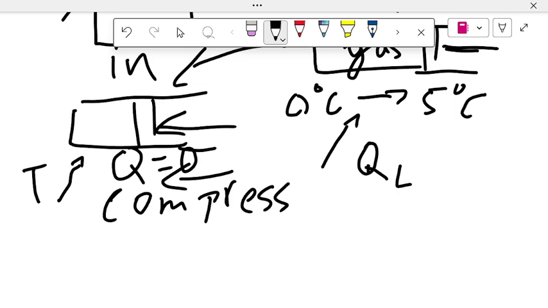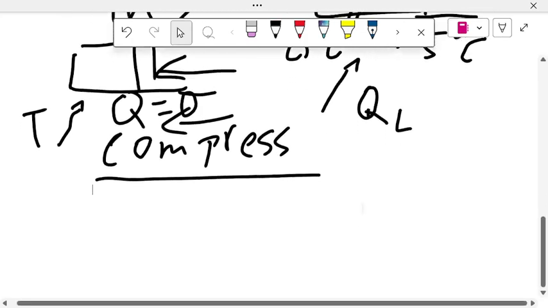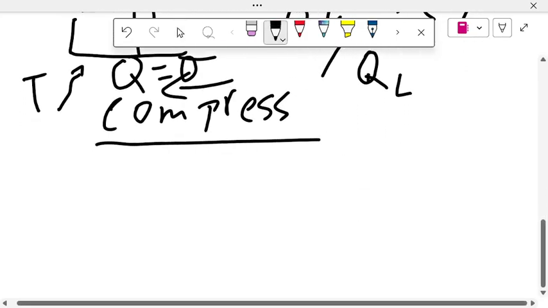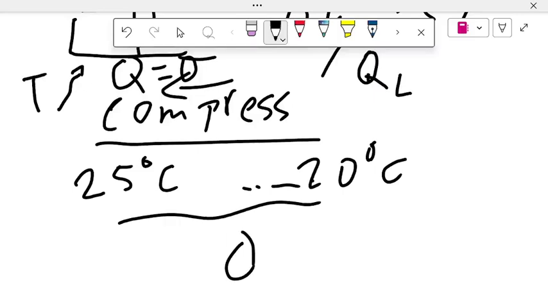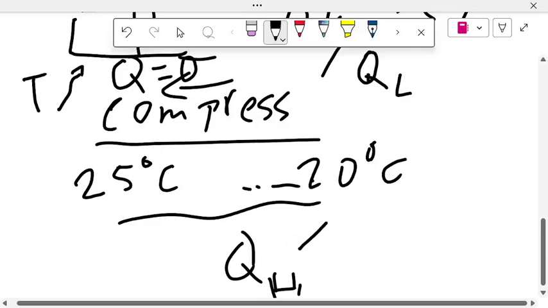So in that situation I have, let's say, 25 degrees Celsius room temperature, and it must decrease to 20 degrees Celsius to put the heat high, let's say, in the room.